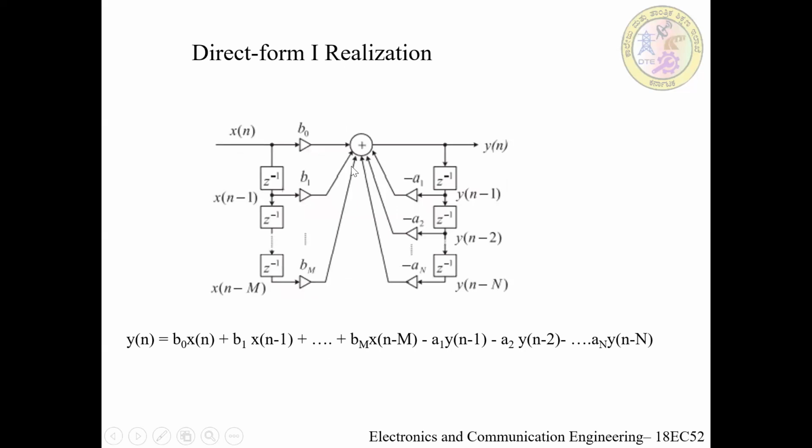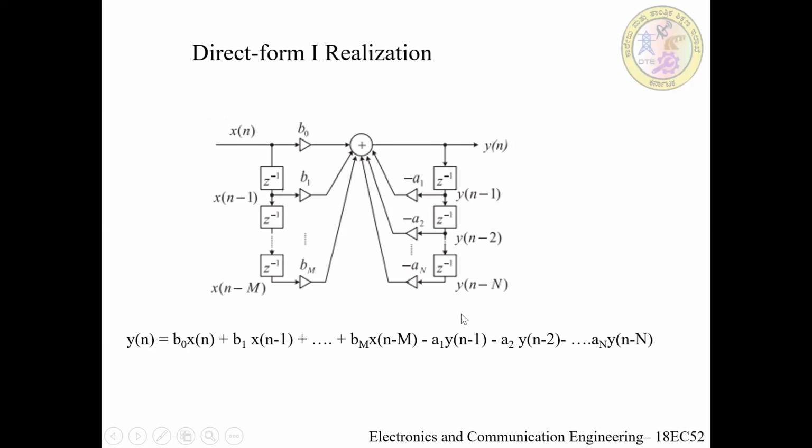So this represents the direct form 1 realization. We solved this by taking inverse Z transforms of Y(z). So this is our y of n, equal to b0 into x of n plus b1 into x of n minus 1 plus b2 into x of n minus 2 up to bm into x of n minus m.